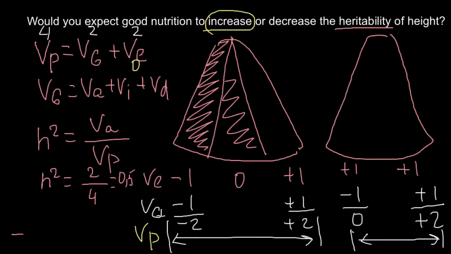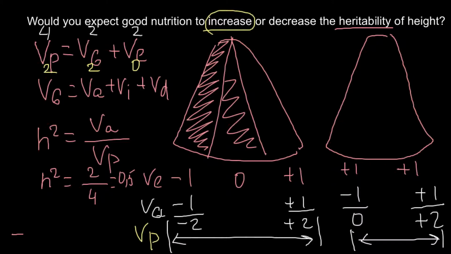So this is going to be one uniform environment, so no variance at all. And variance genetic would be the same, between -1 and +1. So this is going to be 2. And we can put 2 here. So total phenotypic variance here would be 2.